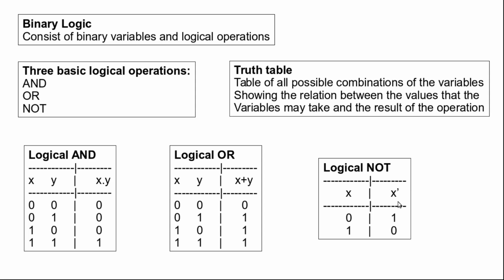So we have x and then we have x prime. From this truth table we can see that when x is 0, x prime, NOT of x, will be 1, and when x is 1, NOT of x will be 0. So this is how the three basic logical operations are defined.